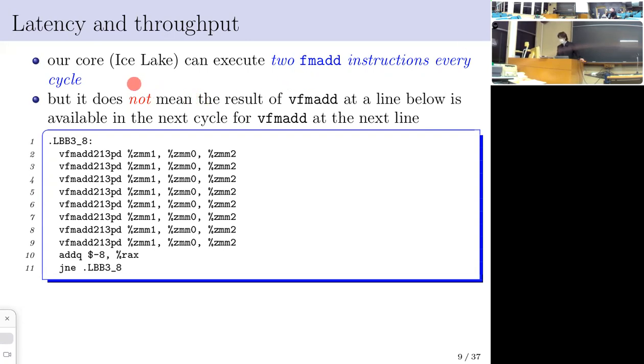But the main reason why we have to think about it is that, at least in the processor spec, where it says this processor, or something called the Ice Lake microarchitecture, each core can execute up to 2 FMRD instructions every cycle.